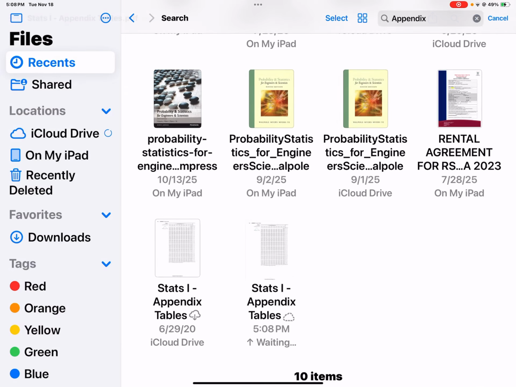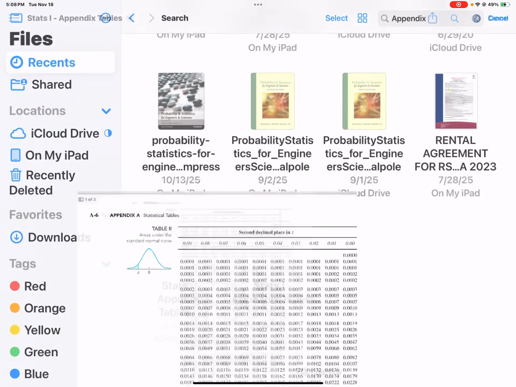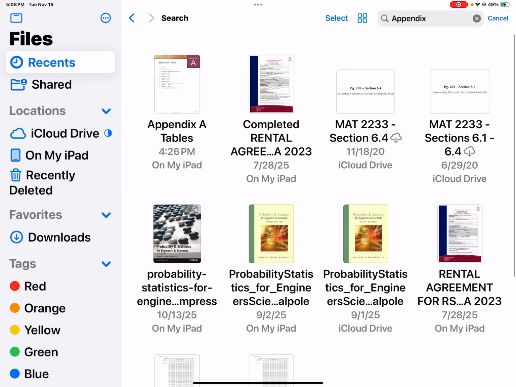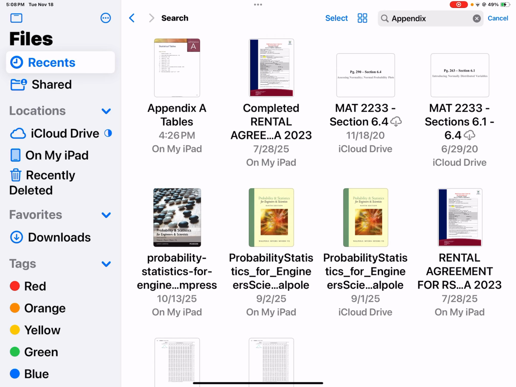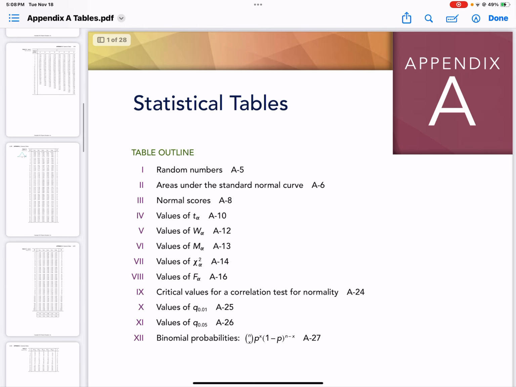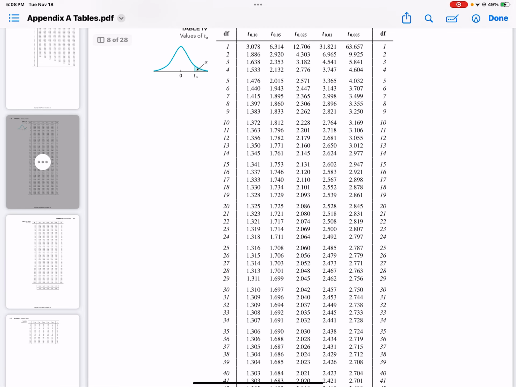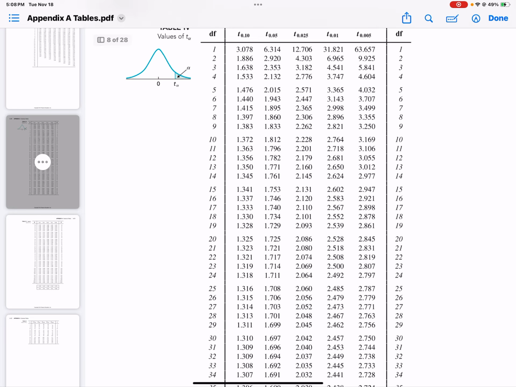Do I not have the T chart? Oh dear. Okay. I don't have the T chart with that one, so sadly, I'm going to have to go with this one. So pay attention because it's not going to let me write, okay? I need T sub 0.025.